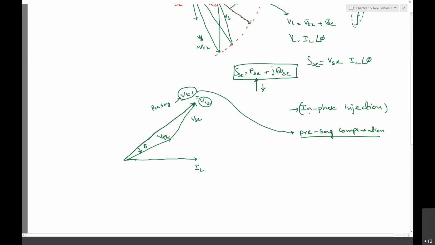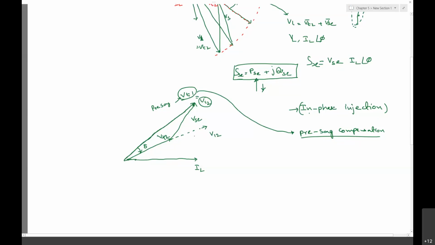Once you try to inject in any other manner, maybe if it is this, then with respect to the VT1 and the new voltage VL2, there is a phase shift in the voltage.